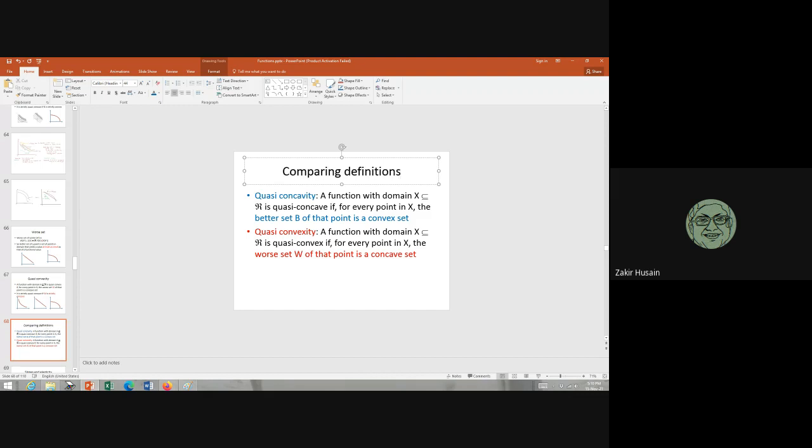So I'm just comparing the definitions. Fine. So in the next class, I'm just saving it.